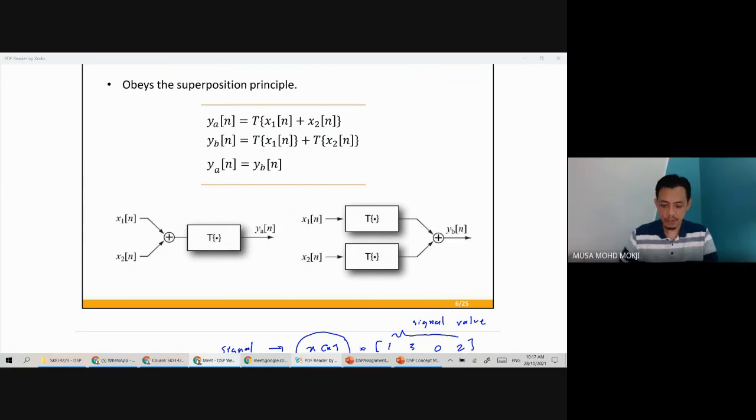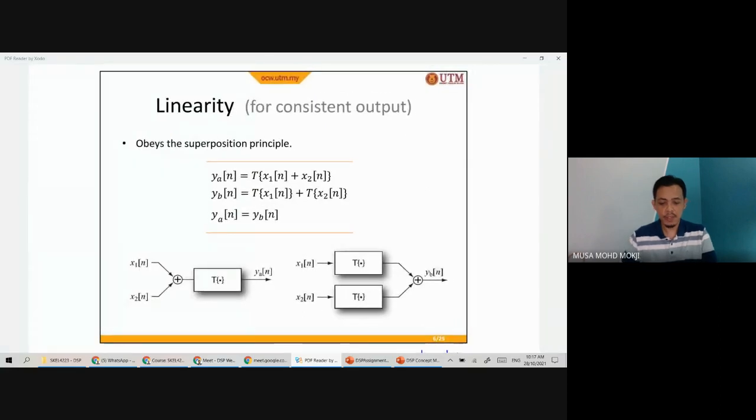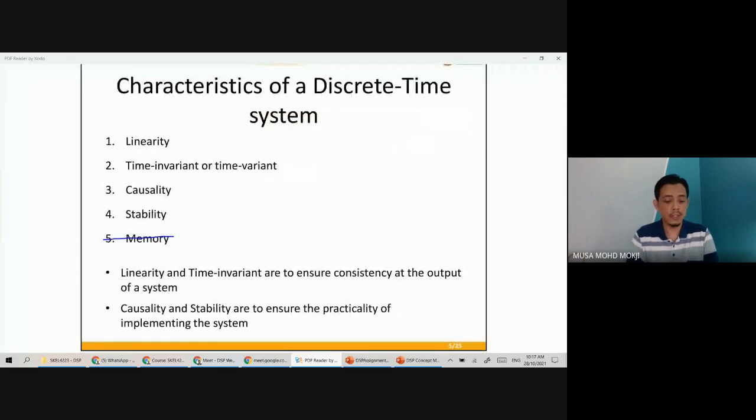Okay, all right. So I'm going to repeat again. What we have covered before is linearity, because we have seen these two things: one is linearity, another one is time invariance. Those are to check that the output of the system is consistent.